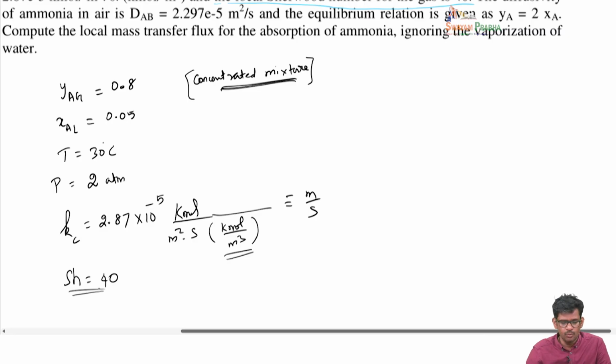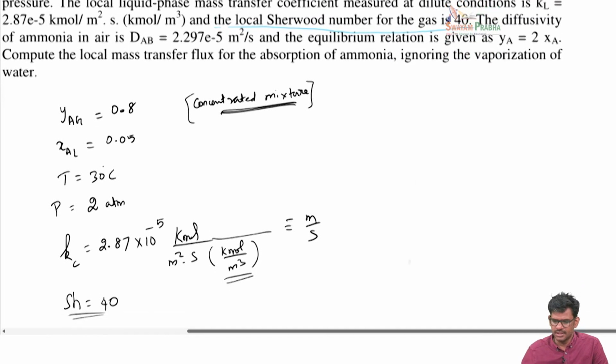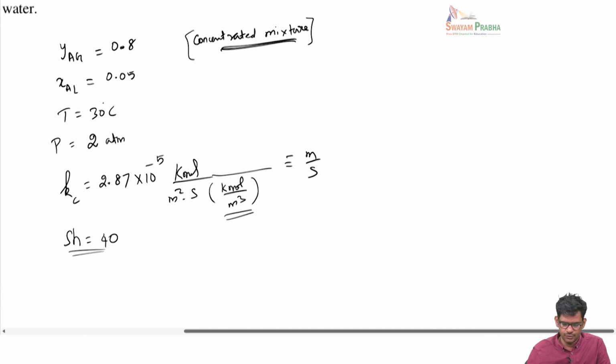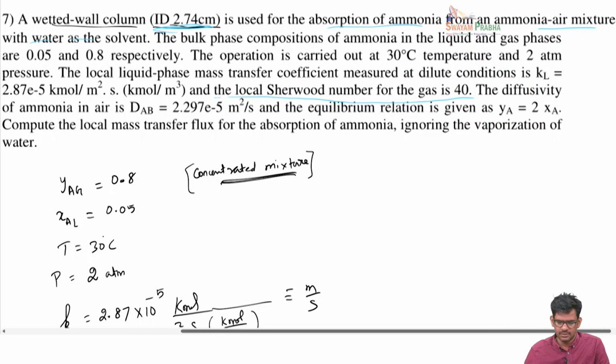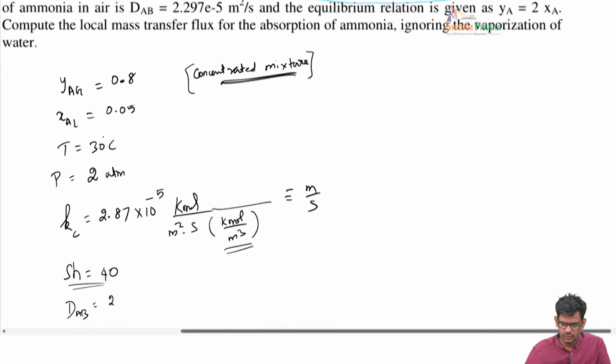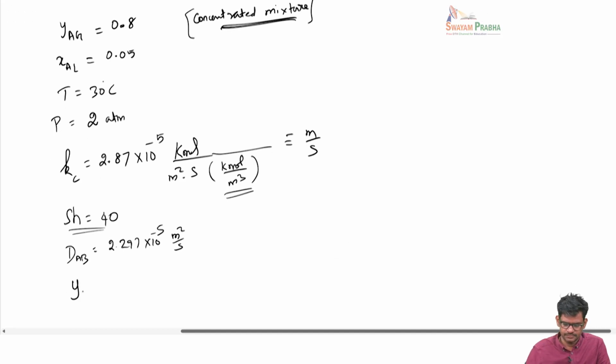So you have to worry about how to define Sherwood number. And what else is known? Diffusivity is known. Diffusion of ammonia in air is given, that is 2.297 times 10 power minus 5 meter square by second, and then of course equilibrium line.